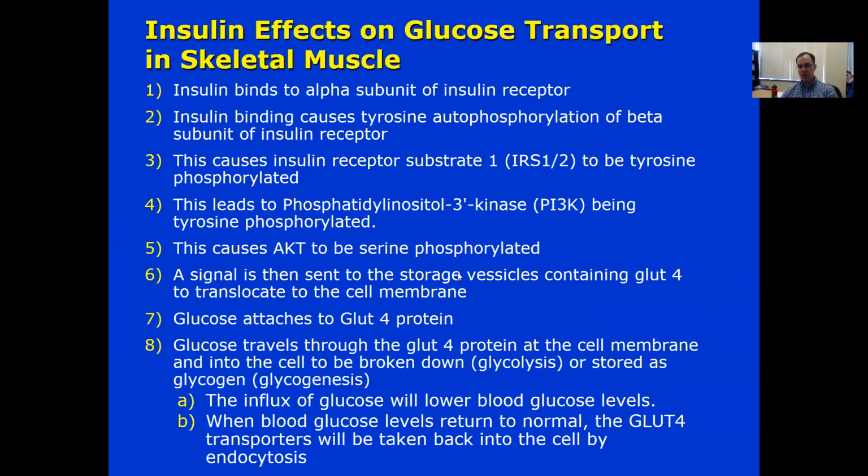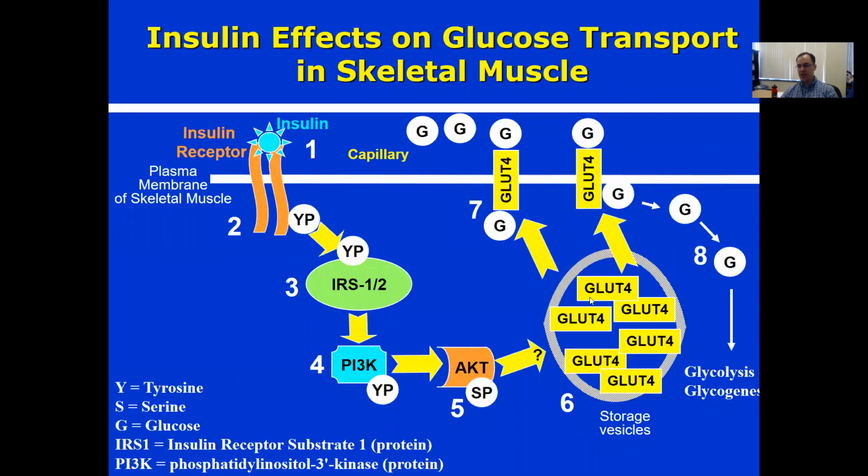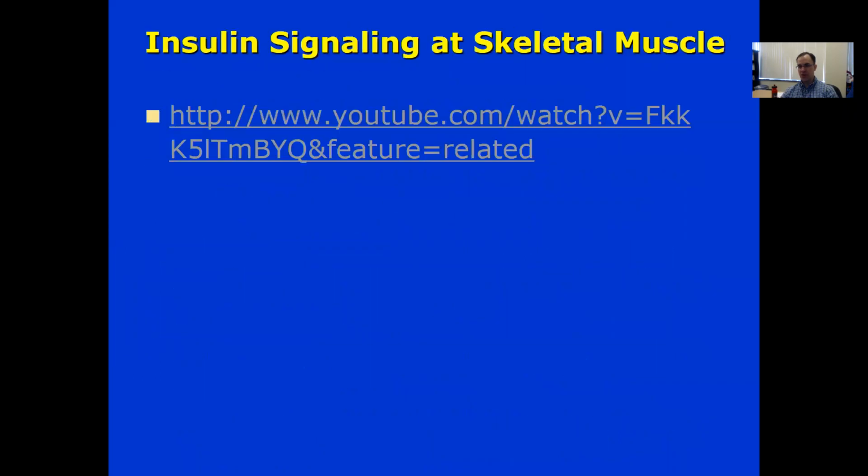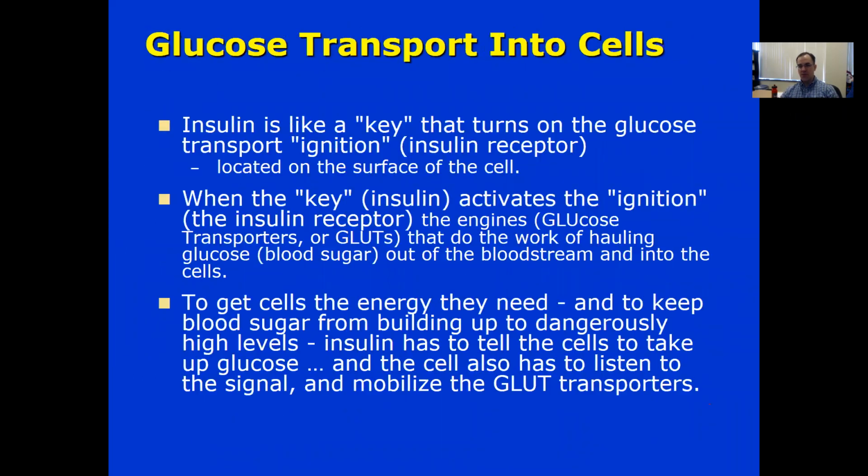Now you notice that as we move forward, in here they talked about GLUT4 transporters that are found in the skeletal muscle. It's important to know that we have a number of GLUT transporters throughout our body. And before we get to that, insulin is one that actually activates these GLUT transporters.